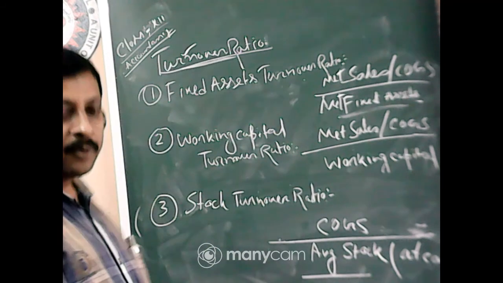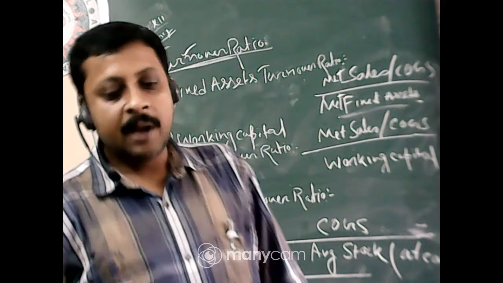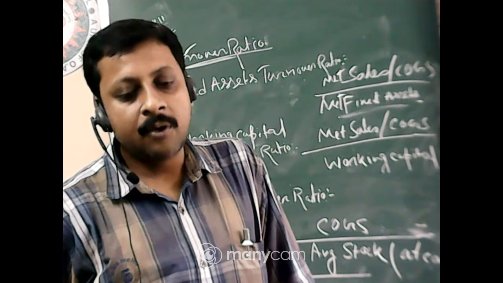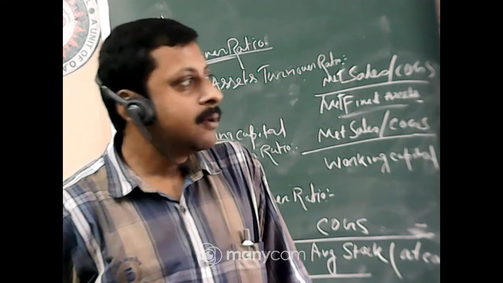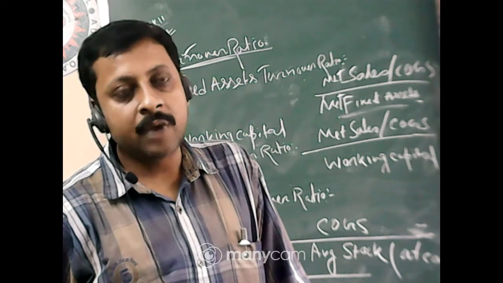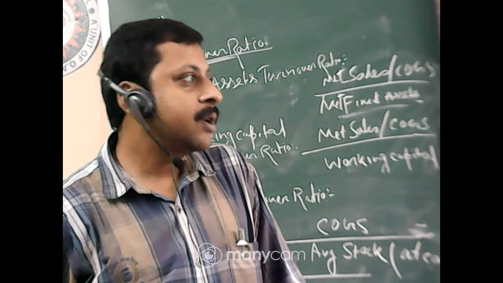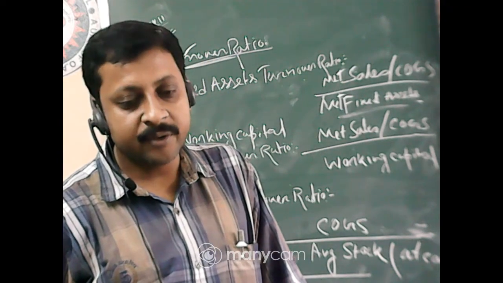Why are we using the average stock? Now in your class 11, the only thing in your final accounts that comes two times is stock: one is opening stock, one is closing stock.